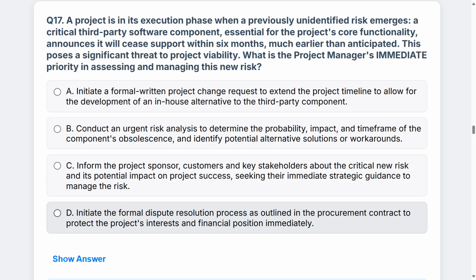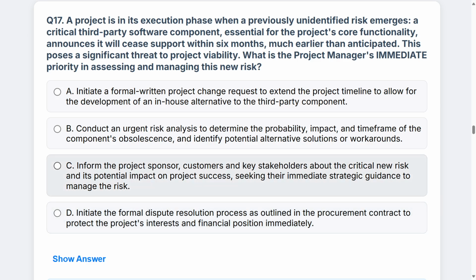You're just immediately jumping at a solution and you're thinking dispute resolution. Maybe we can force them into delaying their cease support. And that's not the best answer in this case because you have not assessed your options. You're jumping straight into ADR, alternative dispute resolution, or something similar. So I wouldn't choose D.